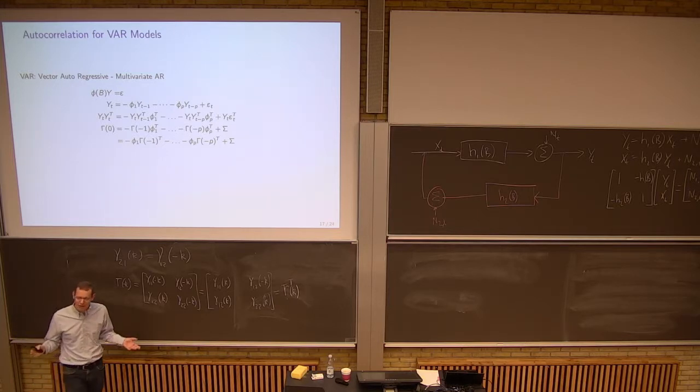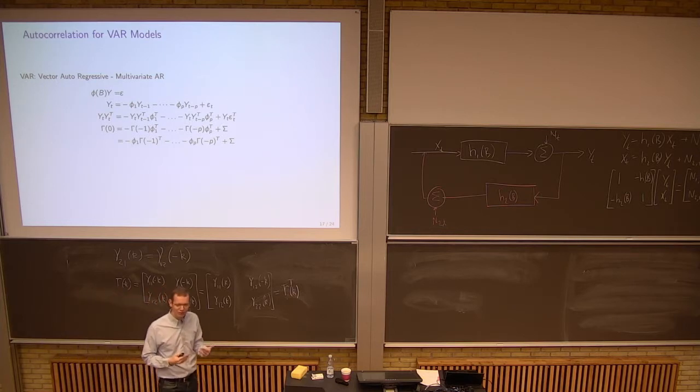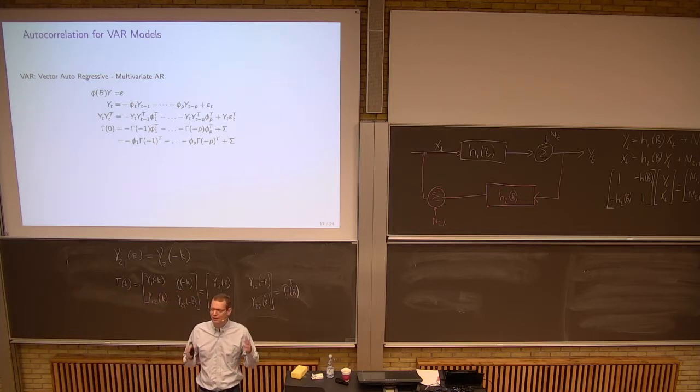And by the way, since the autocovariance at lag 0 is a covariance, it's symmetric. So that means that doing the transpose, gamma 0 is of course also gamma 0.